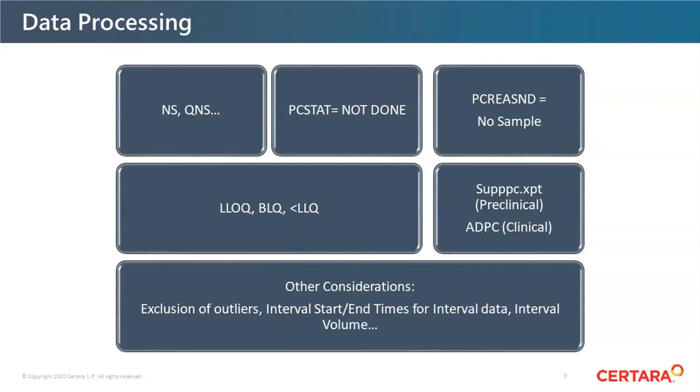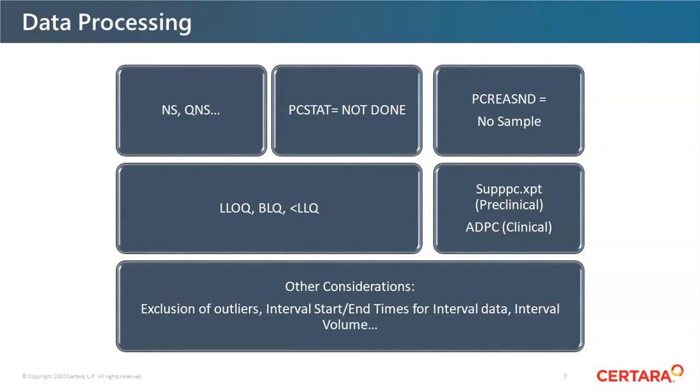In the PCSTRESC, which is the standardized result in character format, the FDA suggests to use the word BLQ, and this signifies that the result is below the limit of quantitation. For the PCSTRESN, which is the standardized result in numeric format, we should keep it blank.